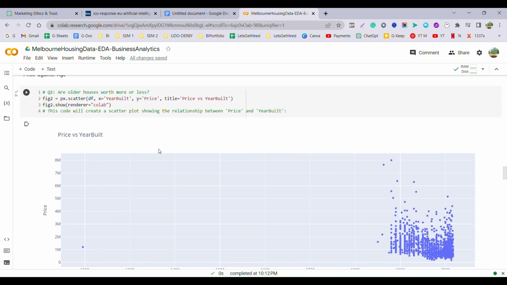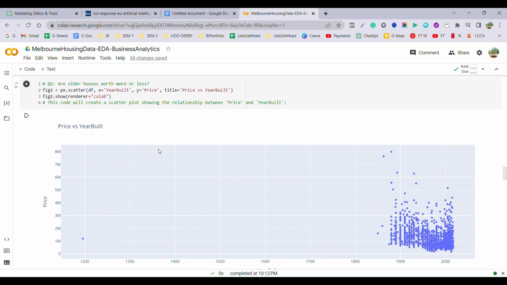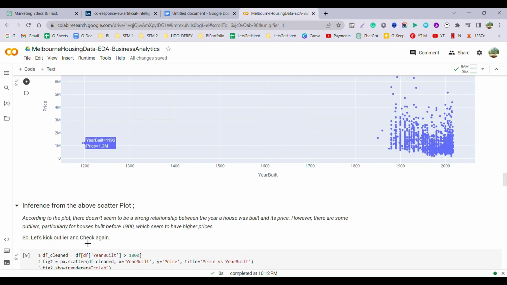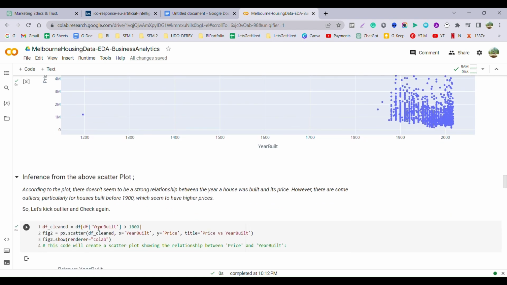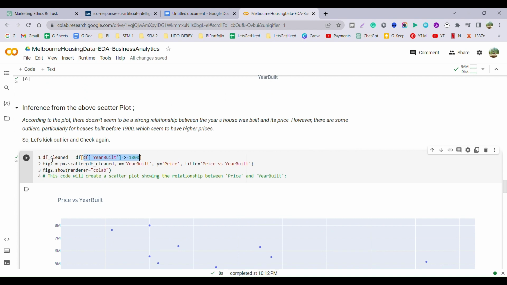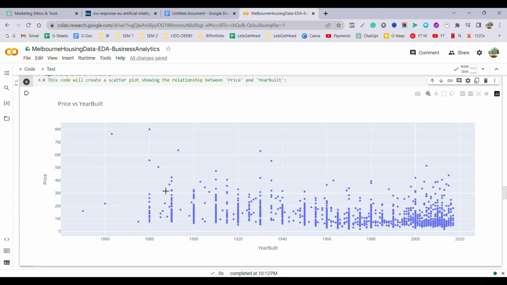I have plotted a scatter plot, and we can see there are outliers. So first we can remove these outliers using pandas operations. I'm using a boolean so that all years below 1800 are treated as outliers, and I'm then plotting my data again.